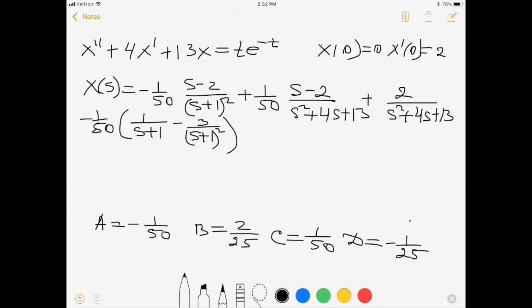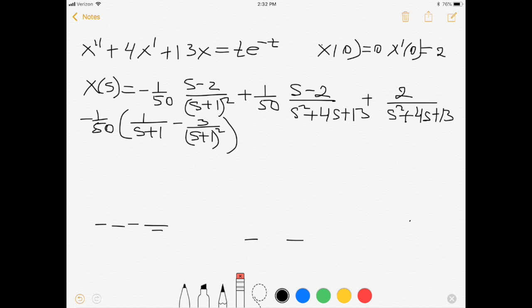Okay. Here the denominator s squared plus 4s plus 13, I can rewrite. Now I don't need these coefficients a, b, c, and d. Let's see what happened with my s squared plus 4s plus 13. Because I cannot factor it, I can write it as a sum of 2 squares.